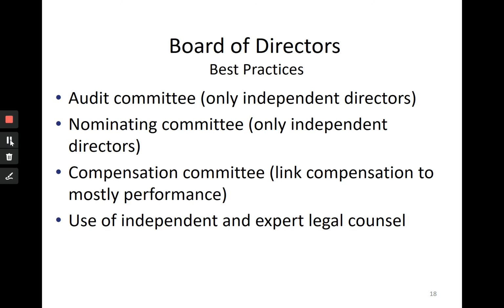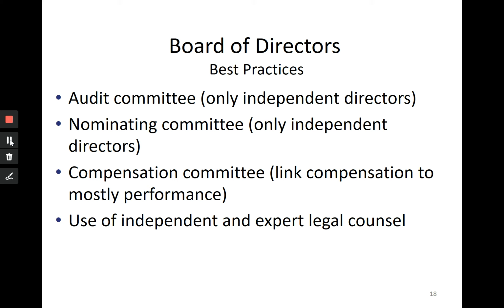The audit committee is important, and does it have independent directors in it that can look at the procedures of the board and audit it, or look at the actions of managers and audit it.